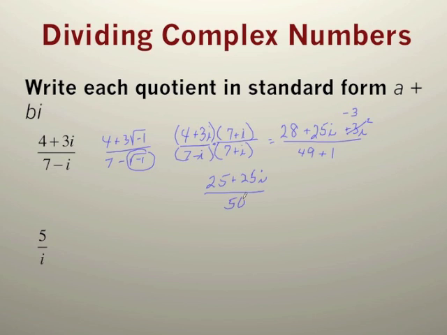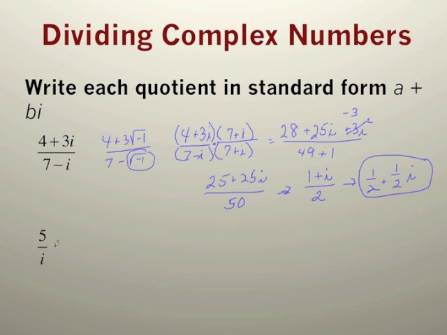So we'll have this over 50. Factoring a 25 out of the numerator, I would have 1 plus i. And factoring the 25 out of the denominator, I would have it over 2. If I want this in the form a plus bi, that would be 1/2 plus 1/2 times i.